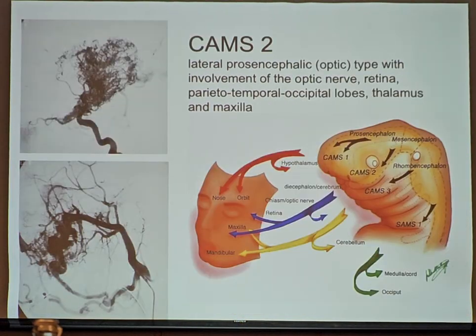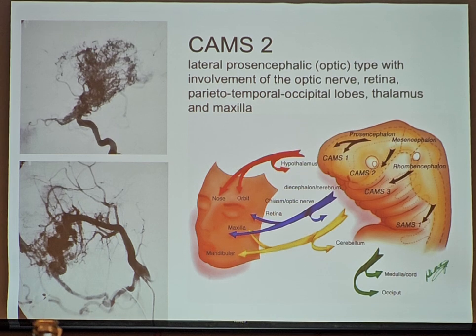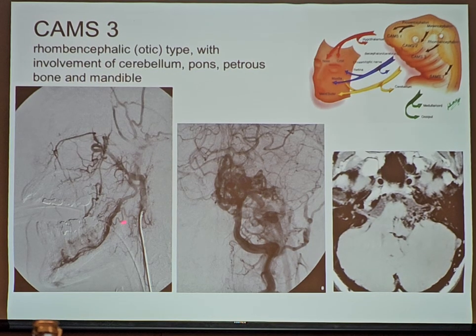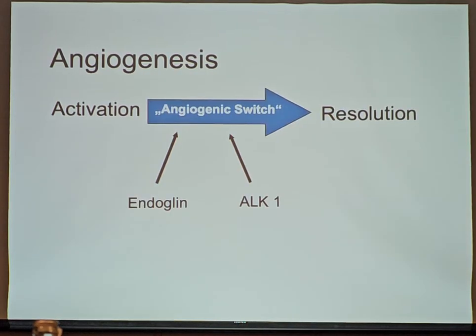Here's another example of this, CAMS 2, where we have a vascular malformation involving the thalamus here and the maxilla here. Or here's an example of a rhombencephalic type where we have a mandibular AVM together with an AVM within the posterior fossa.